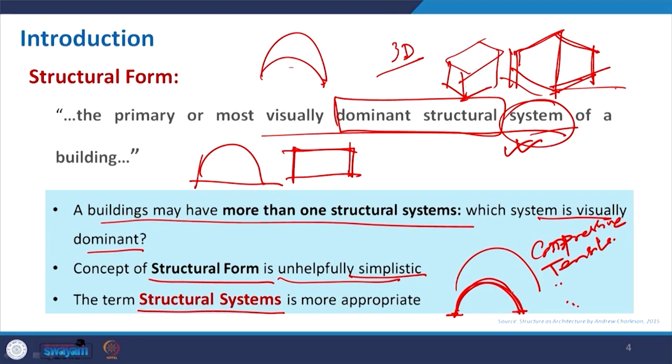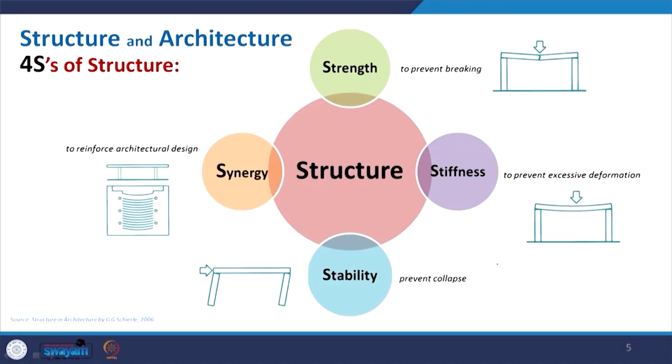So this is basically the form, but again this system, whether it is tensile or compressive or something, we will touch upon those issues and discuss them one by one in our future lectures. So, let us move on to the concept.